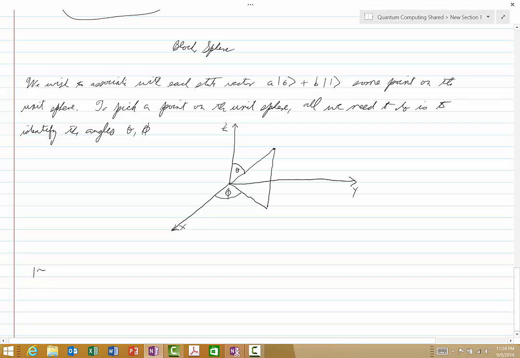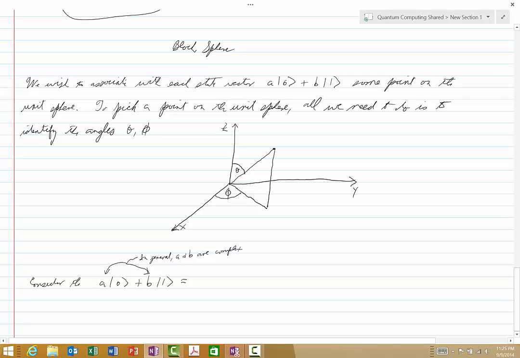I will just call this state, as I've already written above, A times the 0 ket plus B times the 1 ket. Now, A and B, you should understand from our previous discussion that in general, A and B are complex.